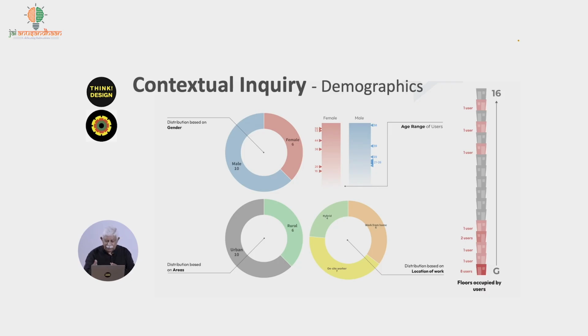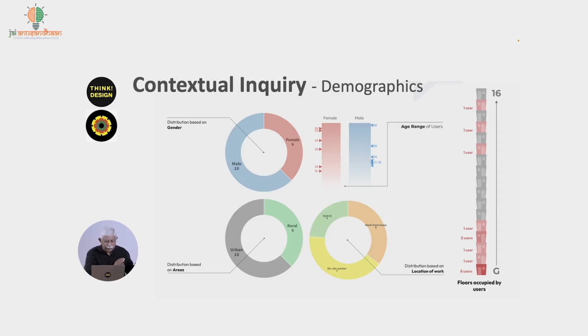On the right side, you can see the flows, where they talked to 16 users, and where the 16 users are located. Some are even located on the 15th floor. Then you had how many males versus how many females, and also their age range. What was the age of the people you talked to?